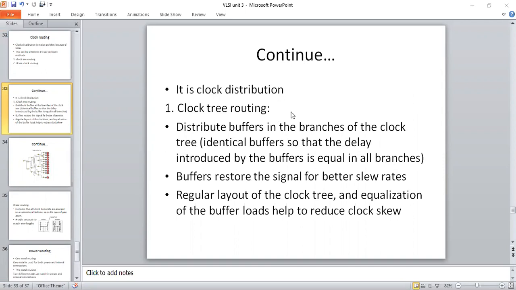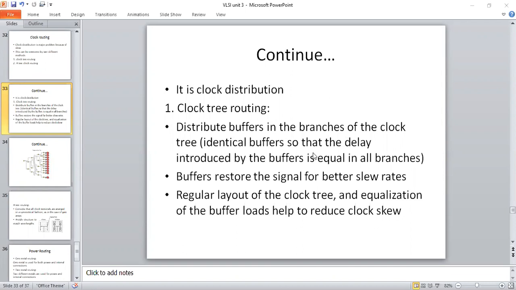Suppose it is a crystal oscillator, and you are passing the clock from the crystal oscillator to so many flip-flops here. The crystal oscillator is called the source point, and the many flip-flops or registers are in some networks, and these are called the destination points. You are passing only one clock signal, and you are distributing this clock signal to so many circuits here.